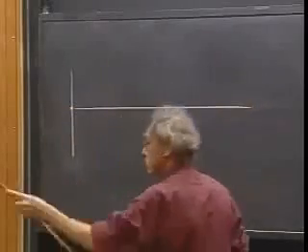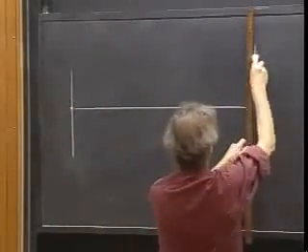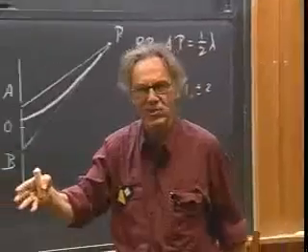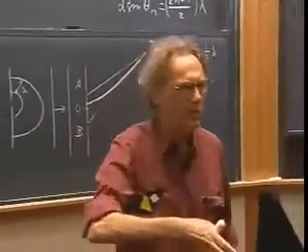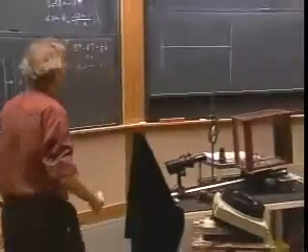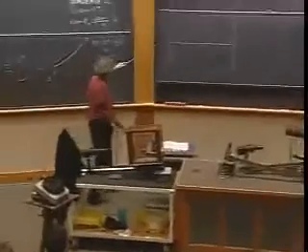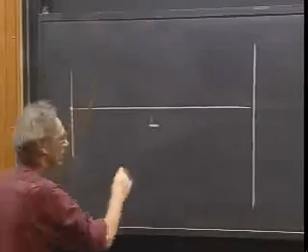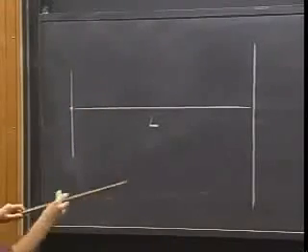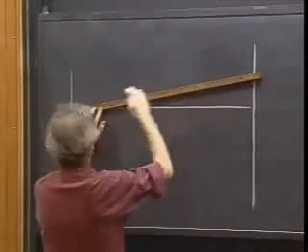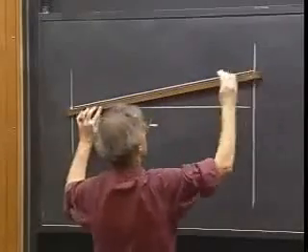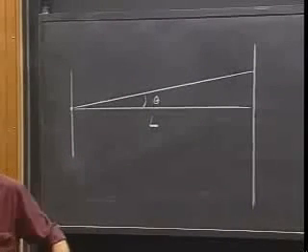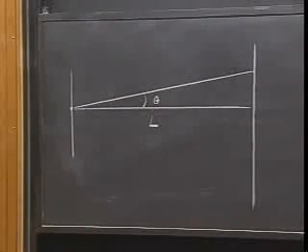So here is a screen, and we want to see how the constructive interference, that means light, shows up on the screen, and how the destructive interference, that means darkness, shows up on that screen. And so here are these 2 openings. So light comes in from the left. And let this distance be L. And so I want to know, if I look under an angle theta, as seen from the slits, I want to know what kind of pattern I will see.